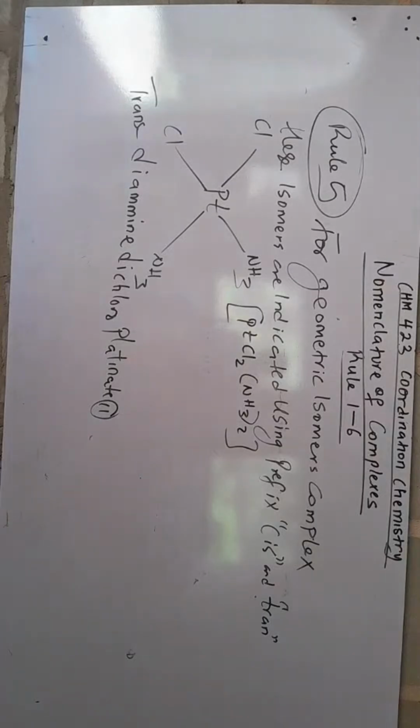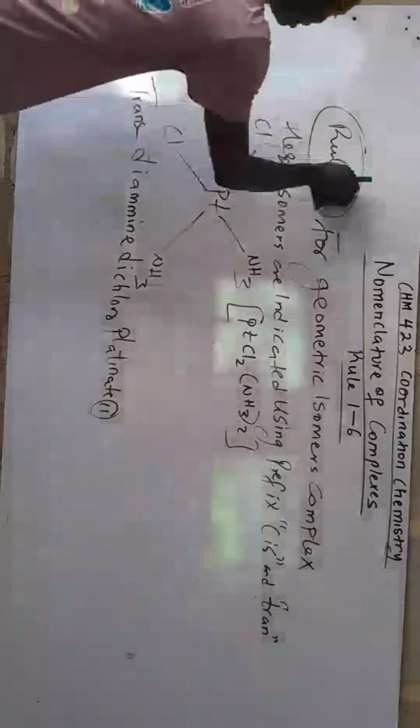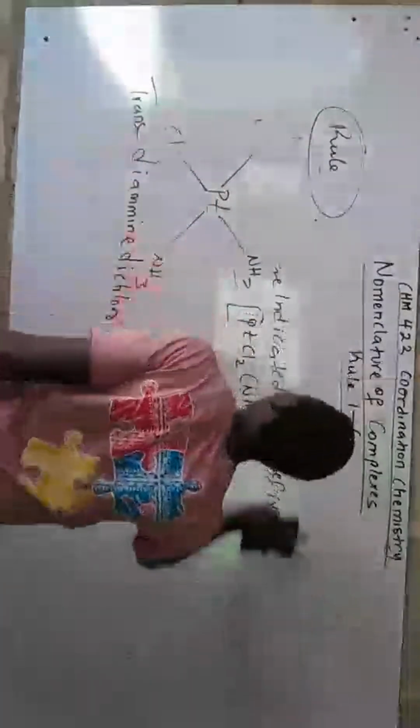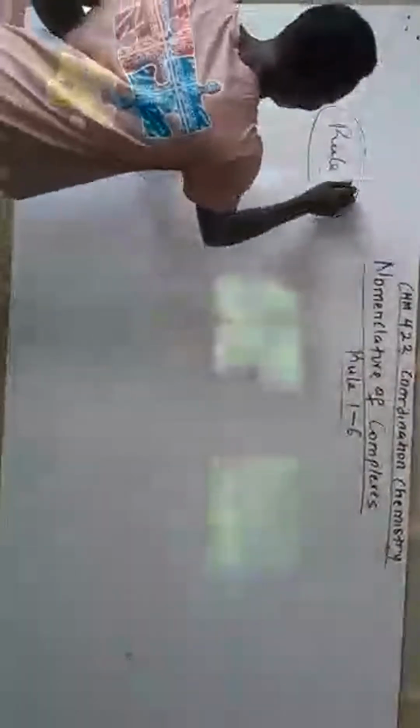Now we proceed to the last rule, which is rule number 6. For rule number 6, how do you name the compound?